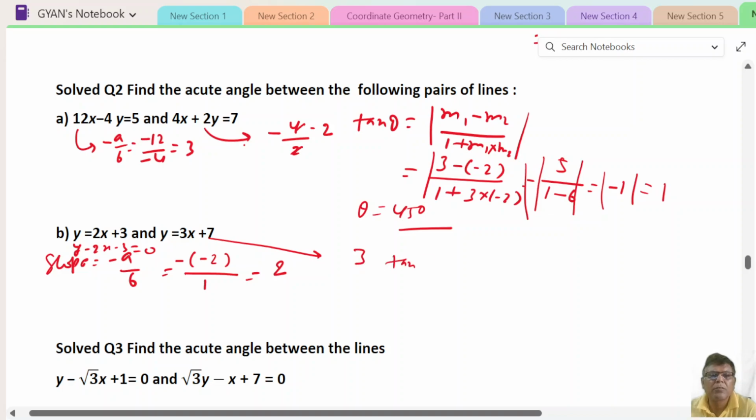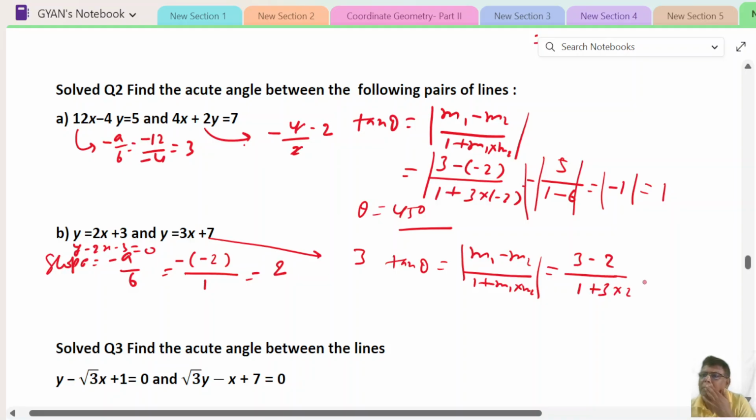So tan theta is equal to m1 minus m2 divided by 1 plus m1 into m2. So that is equal to 3 minus 2 divided by 1 plus 3 into 2. So that is equal to 1 by 7. Therefore theta is equal to tan inverse 1 by 7.